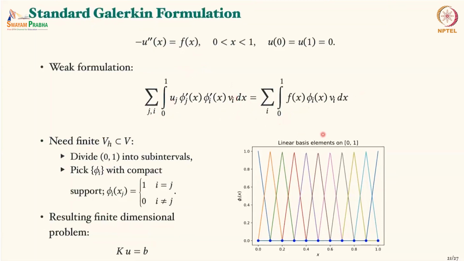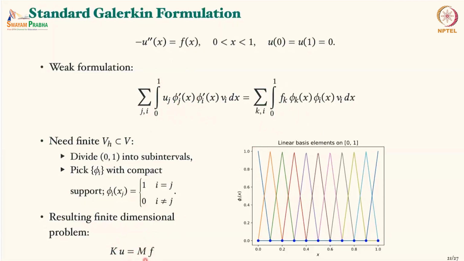This leads to this problem. And this matrix essentially consists of elements which are the integral from 0 to 1 of phi j prime phi i prime. The right hand side vector B consists of elements which are the integral of f times phi i, and f could be a complicated function. So here I've approximated f.